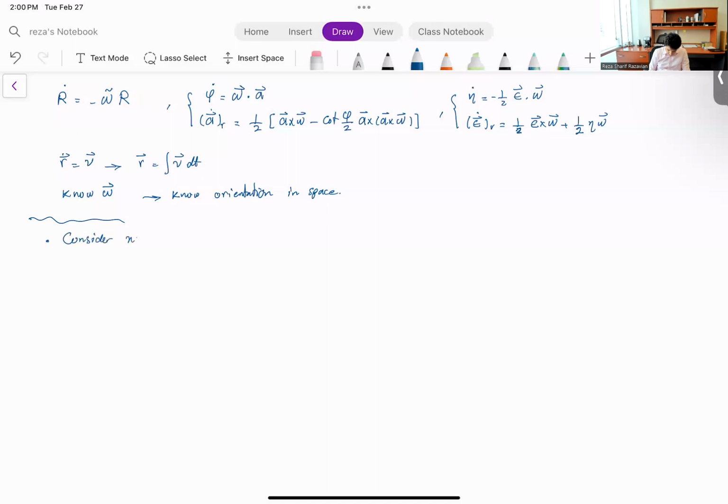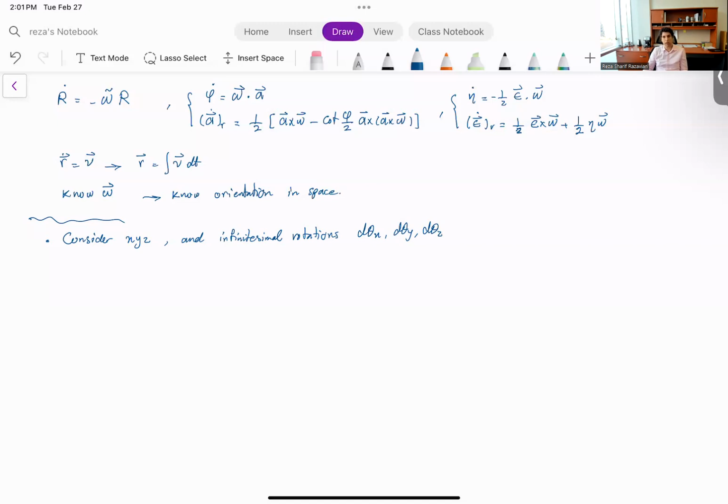Consider the frame XYZ and rotations. And let me write infinitesimal rotations d theta x, d theta y, and d theta z about each of the x, y, and z axes.